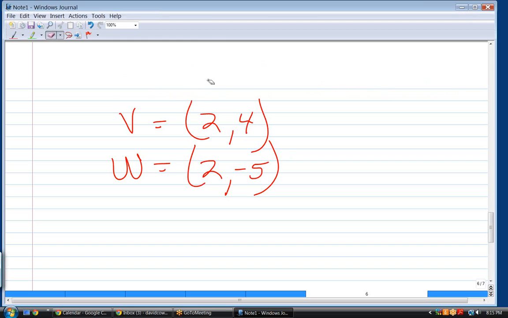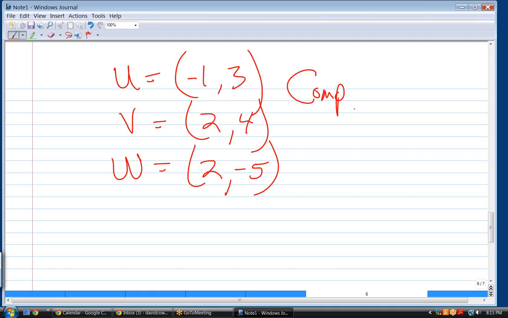Finding the component is also very straightforward. Now, what was U again? U was -1, 3. If I said the component of UV, I guess you would write it like this.